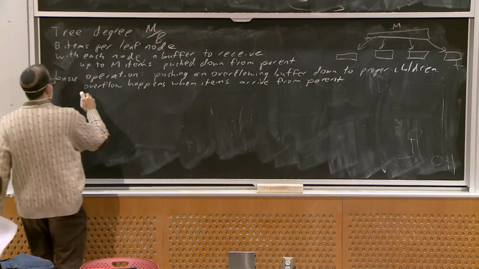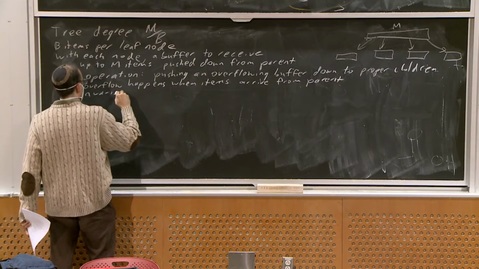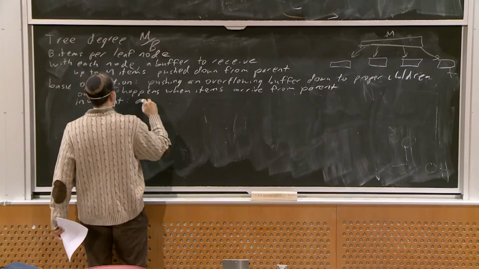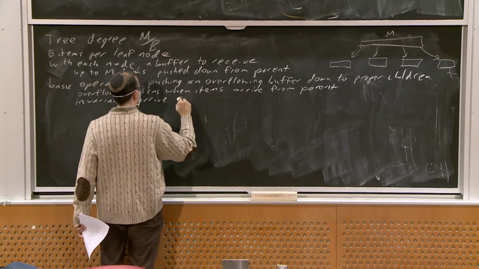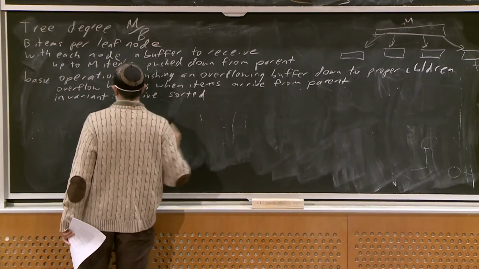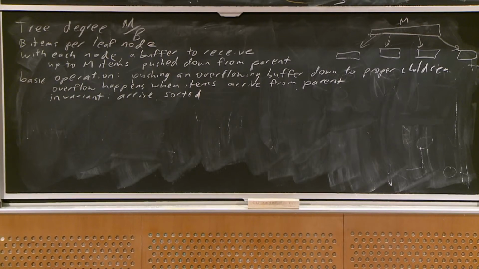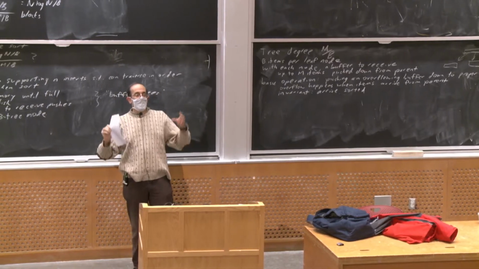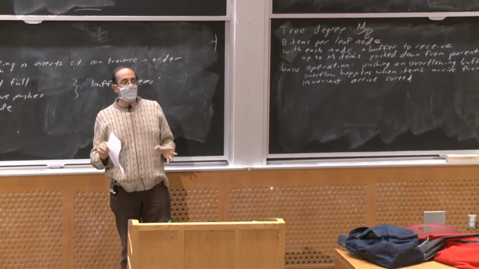And I am going to keep an invariant that these elements coming from the parent arrive sorted. So from the perspective of a single node, every once in a while it gets this rain of items from its parent, and it can put them into the buffer if there's room.